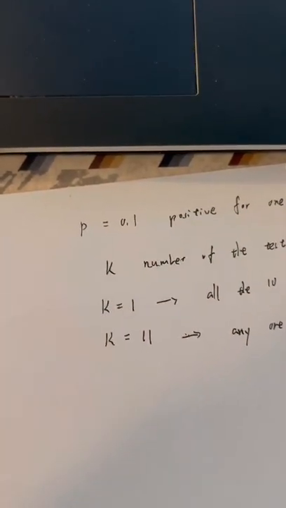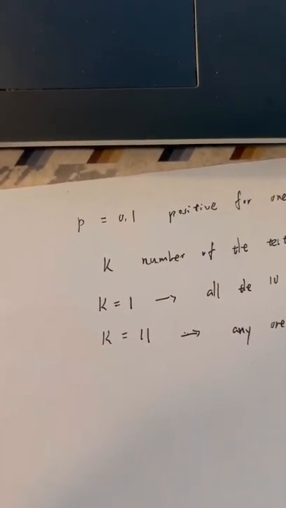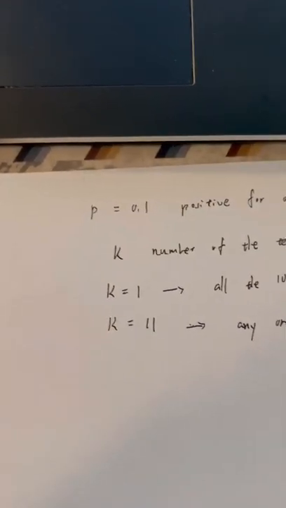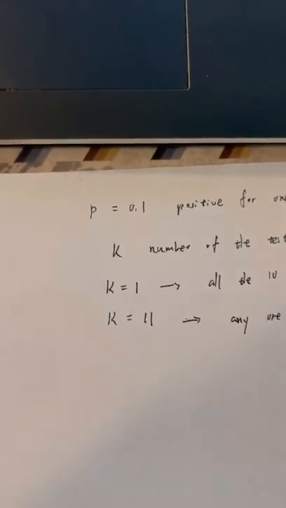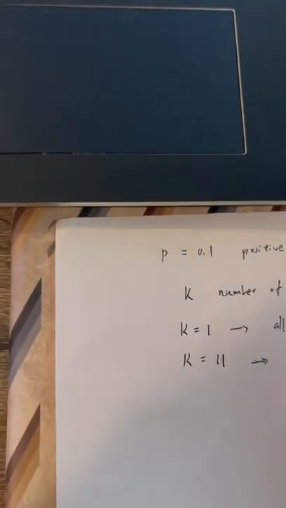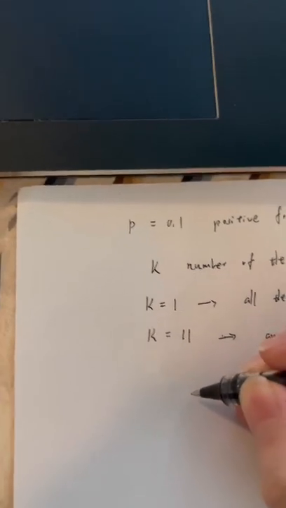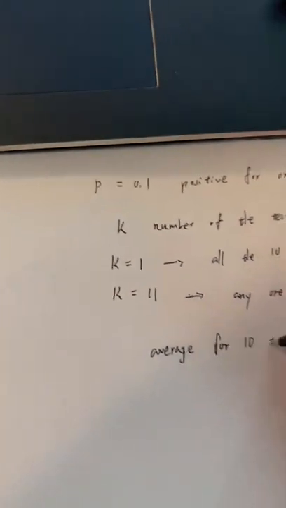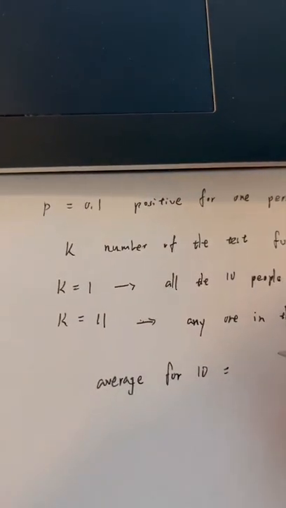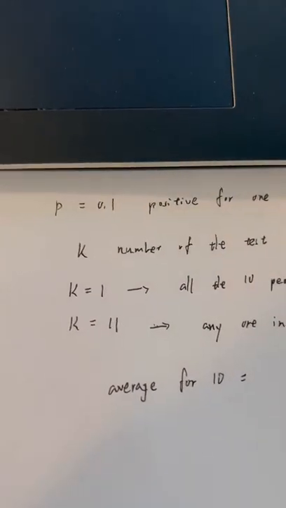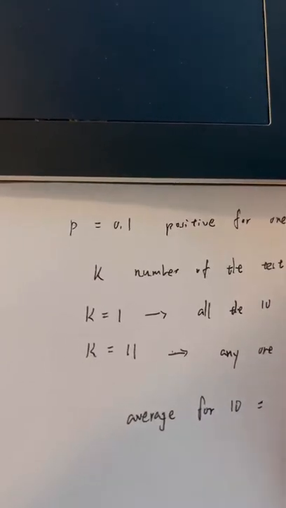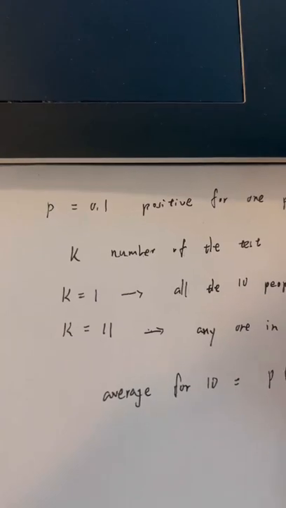I think it is the definition of expectation. We haven't learned it by now, but we still have to do it in the same method. So let's say that for the 10 people in each group, the average number will equal, we have to calculate under the two circumstances. First, we consider K equals 1.